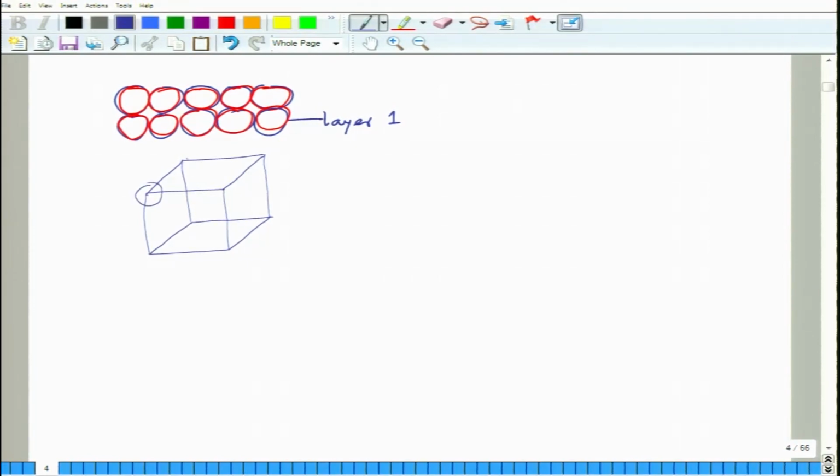Alright. So this is one atom, this is another atom. They are kept apart for the sake of illustration, but they do touch each other. This is simple cubic.